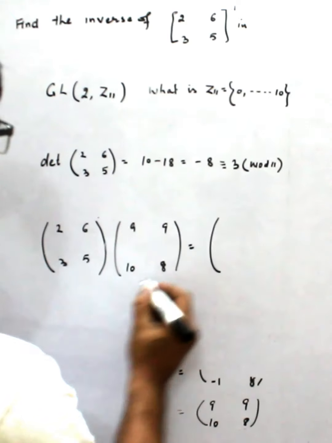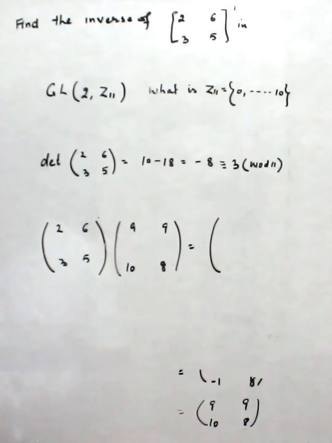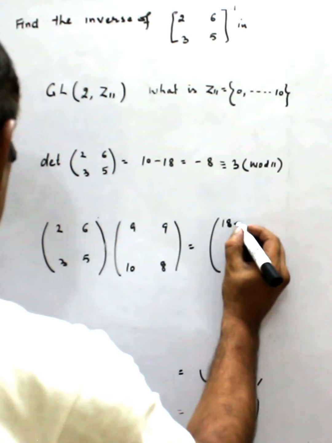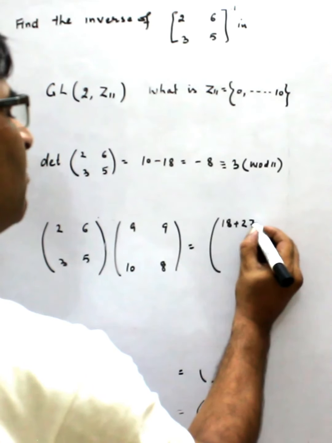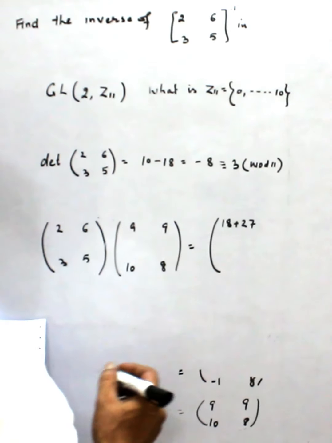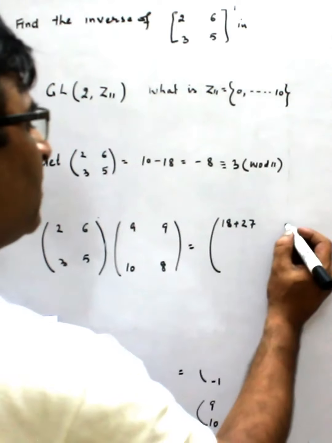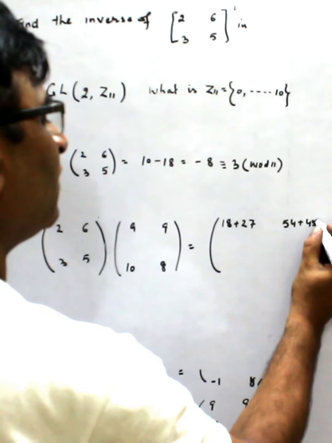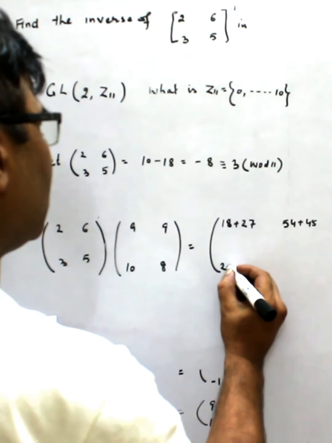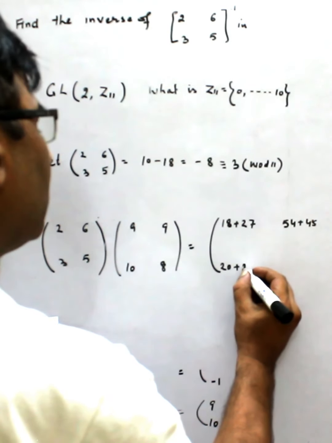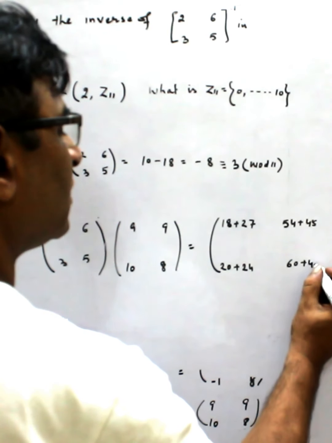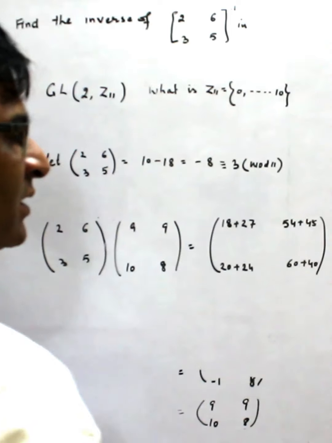After multiplication this becomes 18 plus 27, 54 plus 45, 20 plus 24, and 60 plus 40.